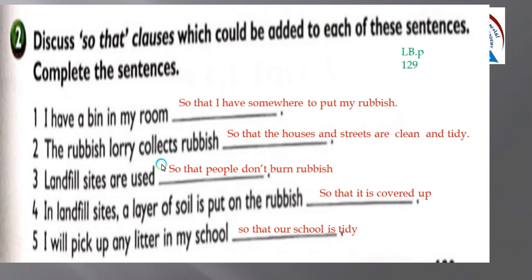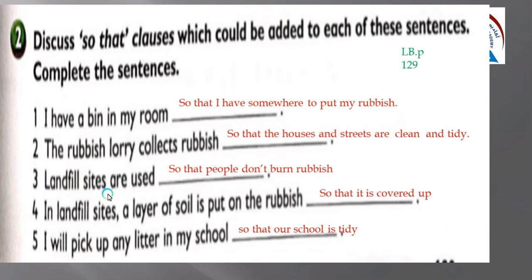The rubbish lorry collects rubbish. Why does the lorry come to our landfill? So that the houses and streets are clean and tidy. So here in red, as you see, the complement that I completed was the reason for the sentences that we have here.